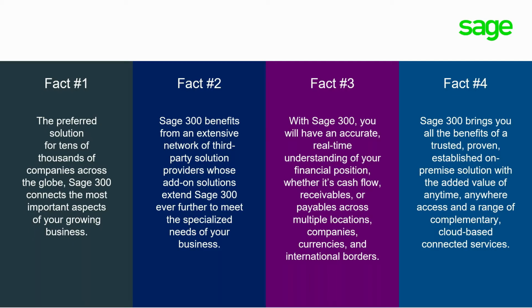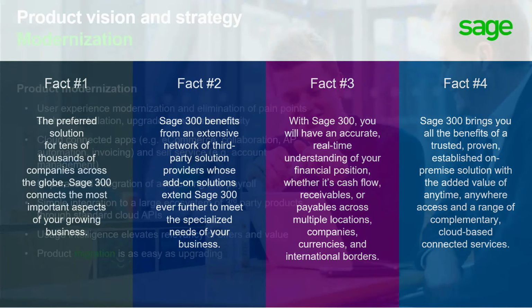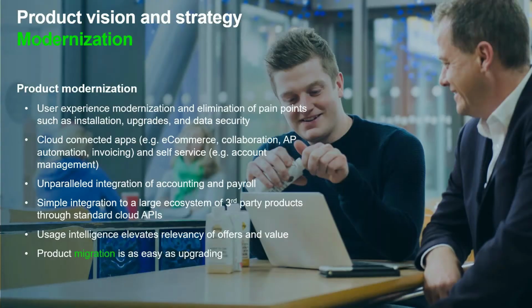subsidiaries around the world. In regards to product modernization, when we talk about Sage 300 or a lot of the desktop products in the Sage portfolio, there's several aspects that we look at for modernization as product managers.